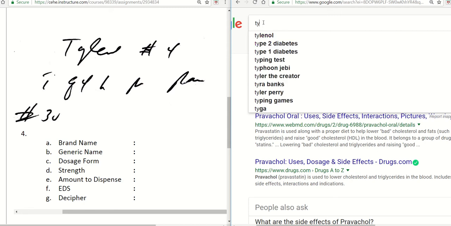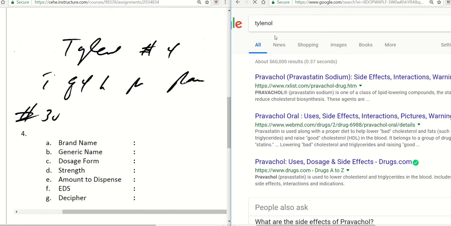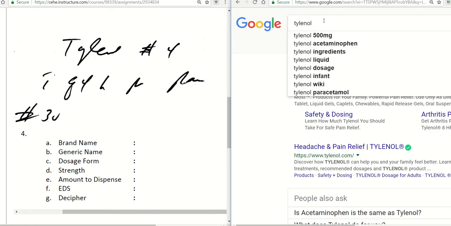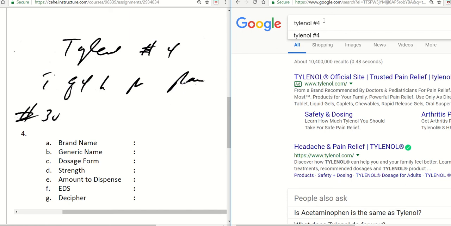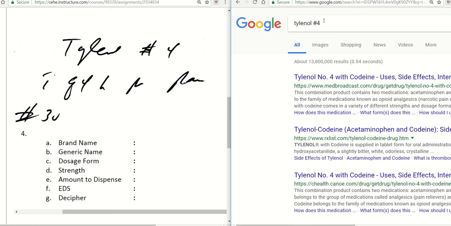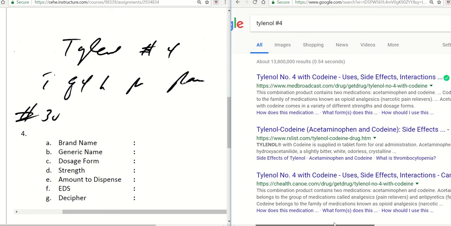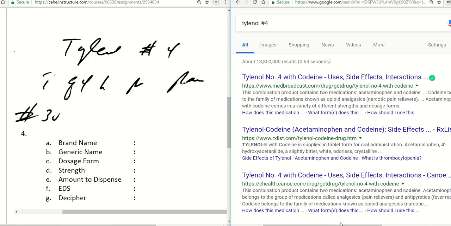T, Y. So it's Tylenol, alright? But what type of Tylenol? Number 4. So this is a combination drug. In this case, that pound symbol is not the amount to dispense. It signifies how much codeine is in this combination drug. The generics are acetaminophen and codeine.